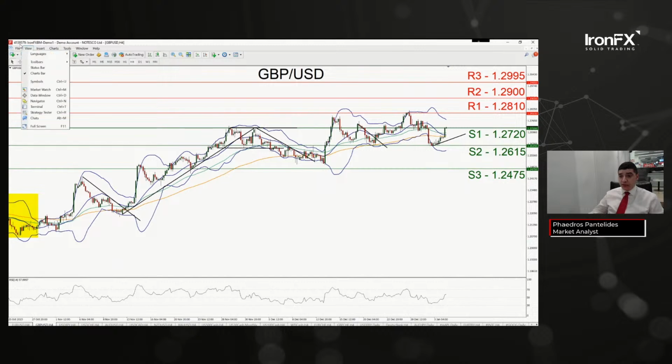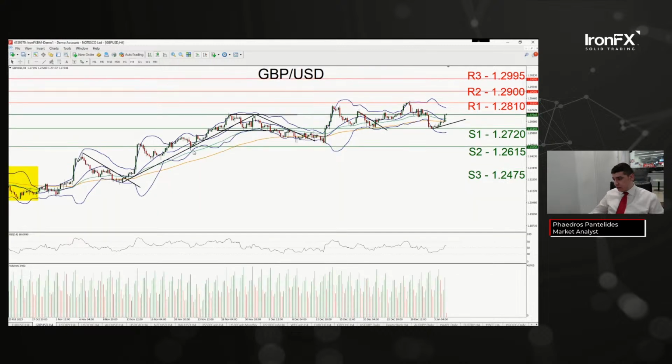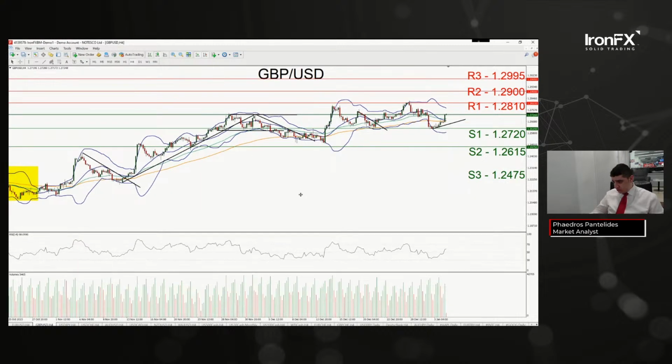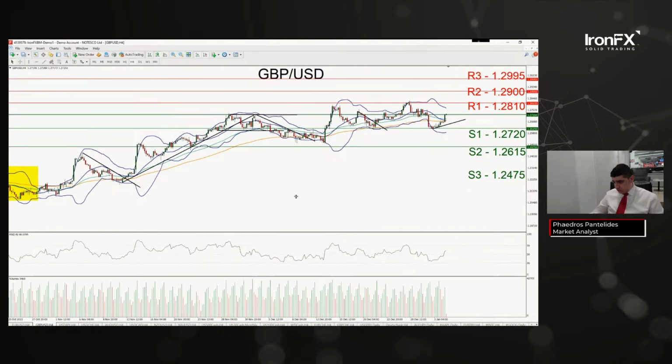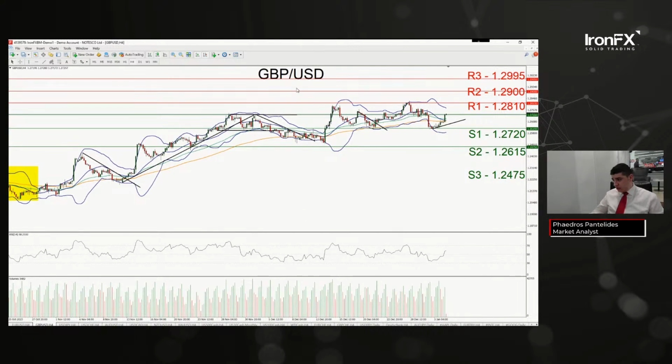Let's add another indicator as well. Insert indicators. Personally, I like using volume as well. Increase, perhaps a weak bullish candle, but it hasn't closed.